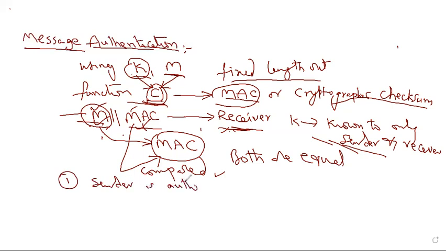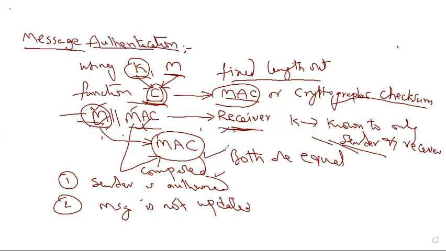This is the first assumption, authorized. And the second assumption is that the message is not updated. If the message is updated by the criminal or attacker, then he gets a false MAC, right?